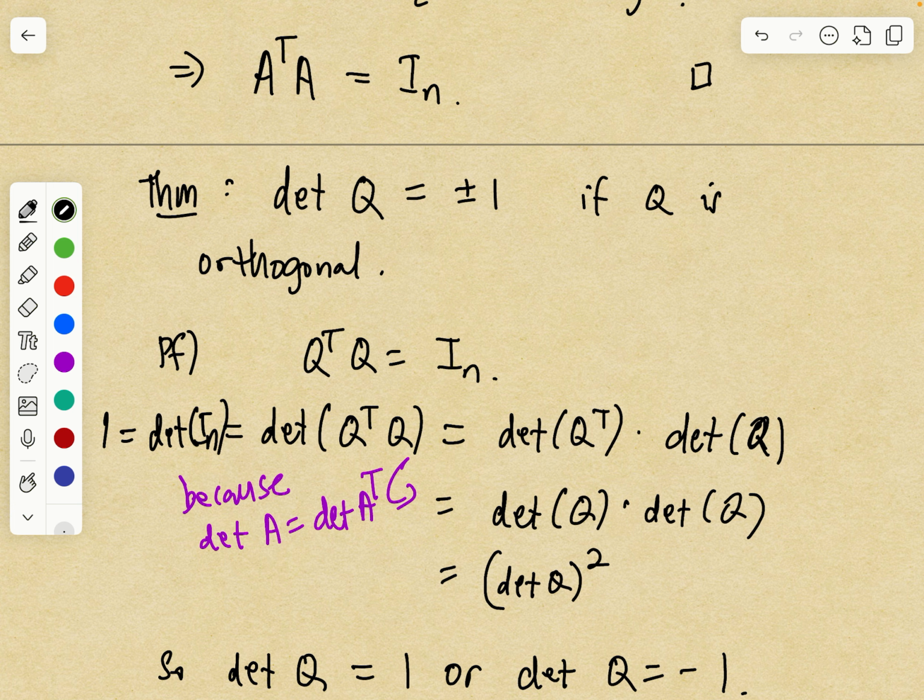So if you have a matrix, just think of a matrix with determinant 1 or determinant negative 1. Does that matrix have to be orthogonal? Do the columns have to have unit length and be orthogonal to each other?